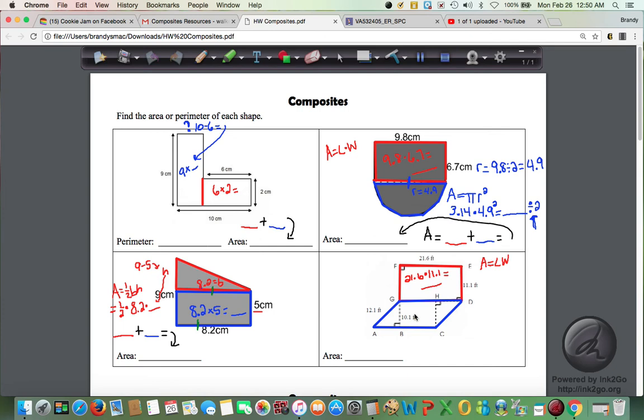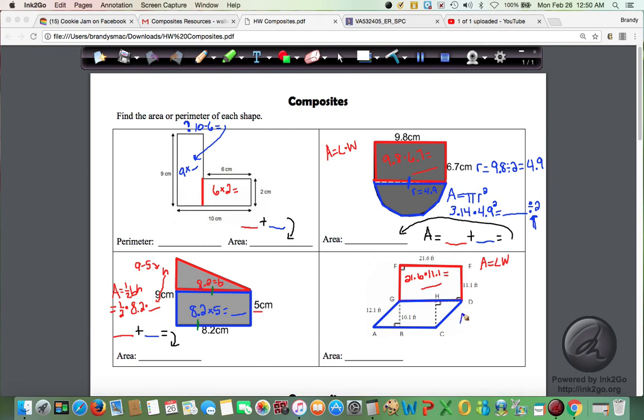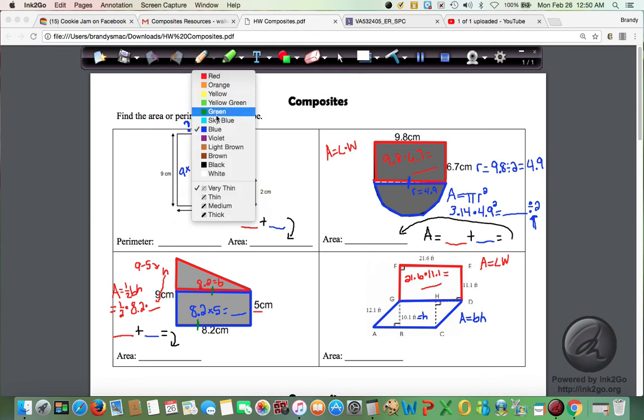So let's write this down. So in this case, area equals base times height. There's no dividing by 2 or anything because it's not a triangle. It's a parallelogram, a slanted rectangle. So this is our height right here. And then our base, right? Let me make this clear for you.